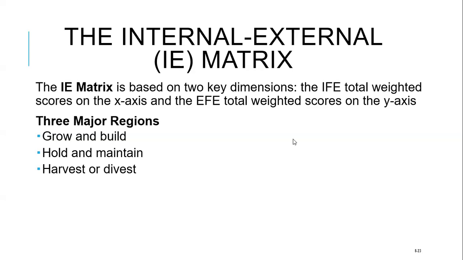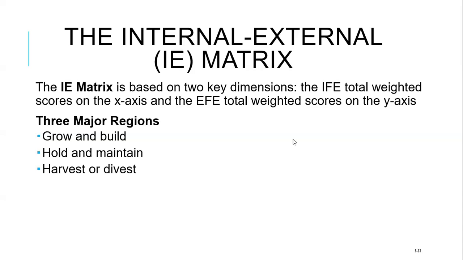They divide the Cartesian plane into three main regions. And depending on the region that an organization's business unit or product is plotted, it informs the accompanying strategy that must go with that particular business unit's initiative.